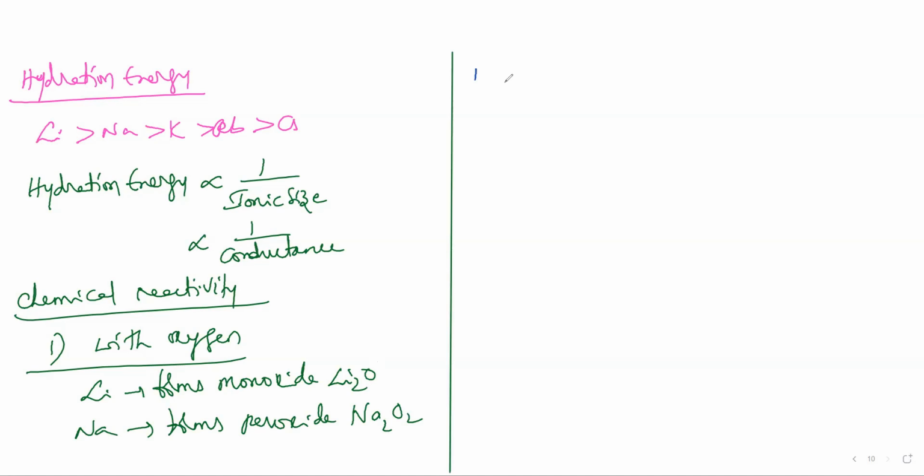Then potassium is more favorable towards superoxide. KO2, potassium, rubidium, cesium. So that means down the group, the ability to form superoxides increases. Okay, this is about chemical reactivity. First one with oxygen.